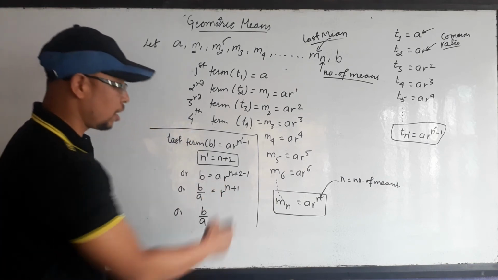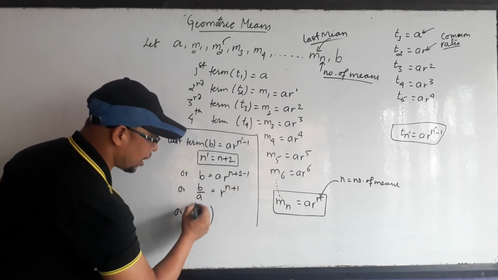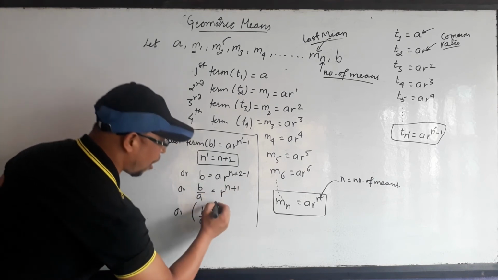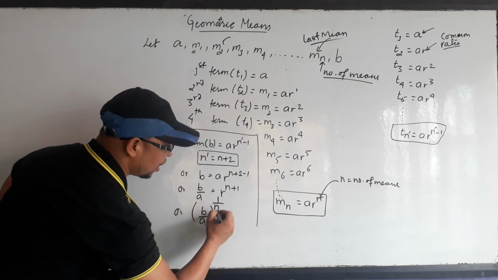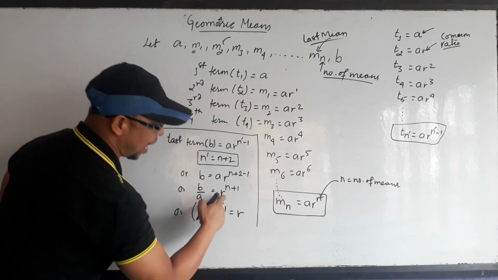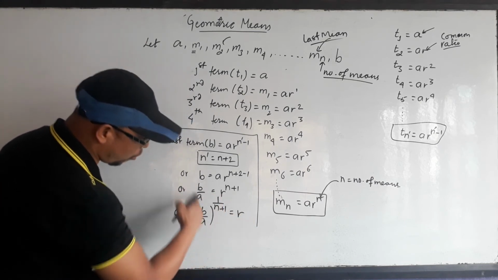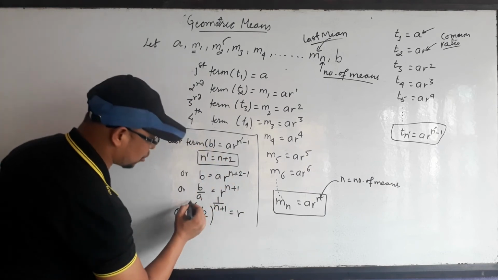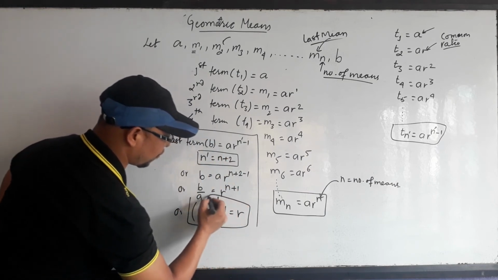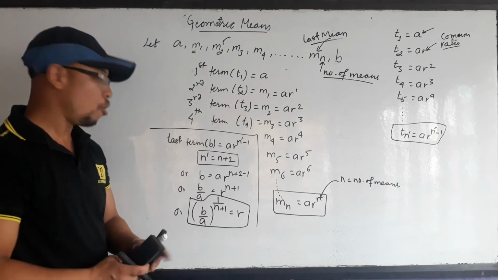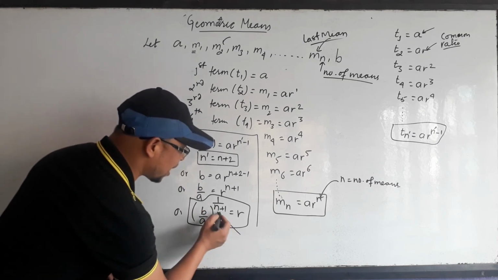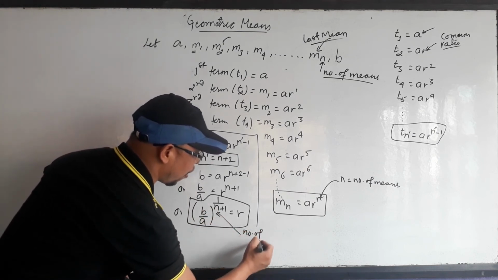You know the indices rule: the power goes to the reciprocal form. So 1 by n plus 1 equals r. Now r equals b by a whole power 1 upon n plus 1. So this is the formula for finding the common ratio, where n stands for the number of means.